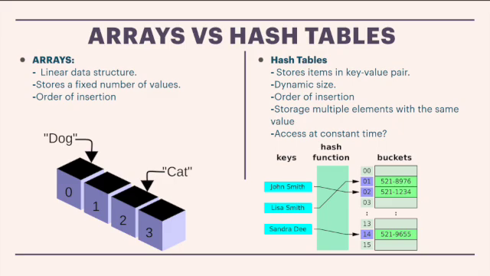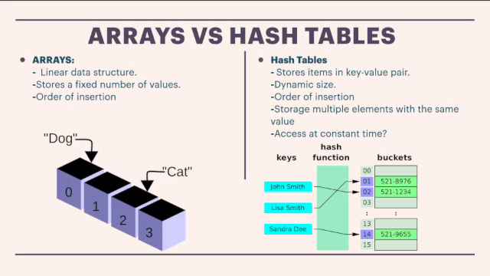Each of these data structures have properties that differentiate one from the other, such as size, order. The hash table, unlike the array, has a dynamic size, meaning that you can always add or remove items, and it will resize itself automatically. Arrays have a sequential order of insertion, meaning that you can iterate over the elements in the same order as they were added.